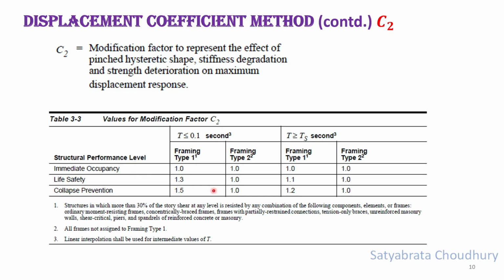C2 is given in this table for different performance levels of the structure: immediate occupancy, life safety and collapse prevention, based on the time period being less than or equal to 0.1 second or greater than the characteristic time period Ts, and for framing type 1 and type 2 as explained in the FEMA 356 document. For a time period between 0.1 and Ts, you can interpolate the values. So this C2 takes care of the effect of pinched hysteresis, stiffness degradation and strength deterioration during the progress of the capacity analysis.